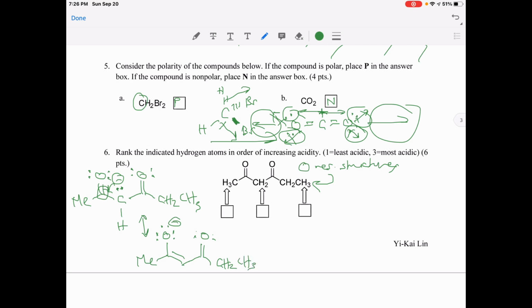So we have one resonance structure there, and if we do that again for another resonance structure, if we move the electrons to the right side instead of the left, we get another resonance structure.